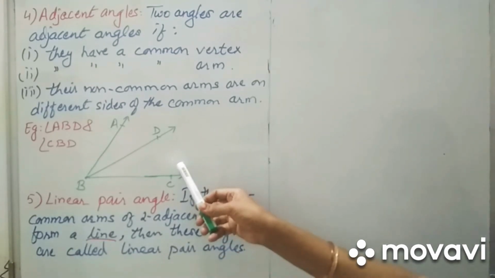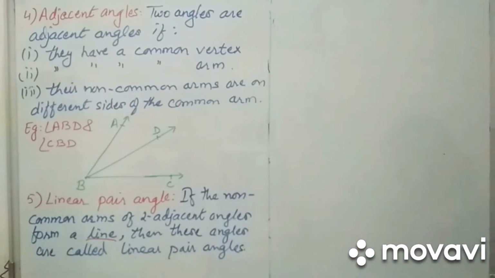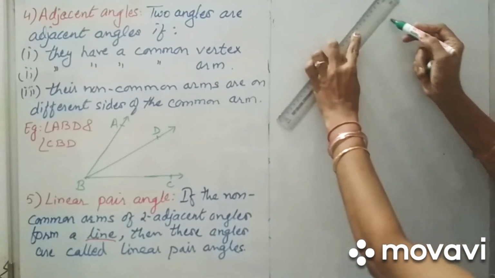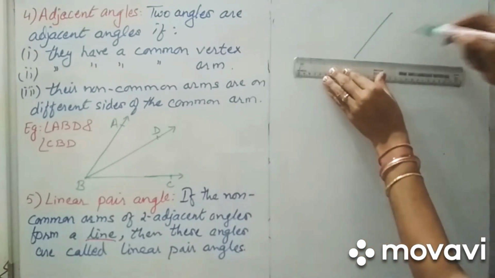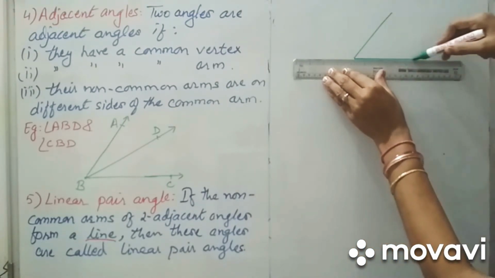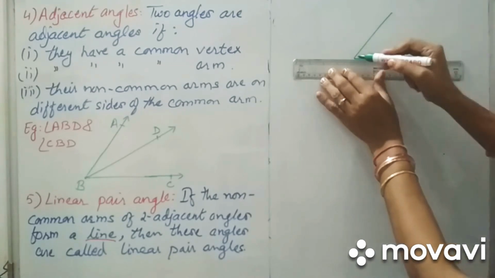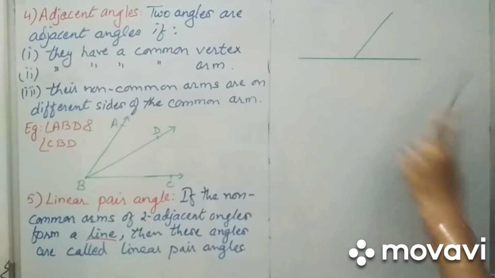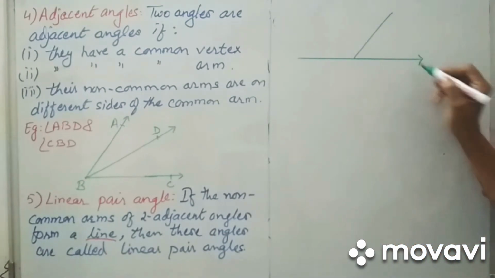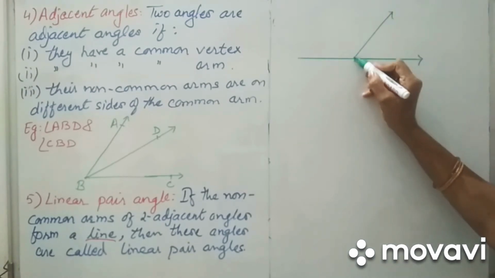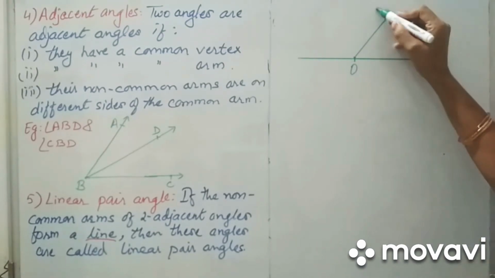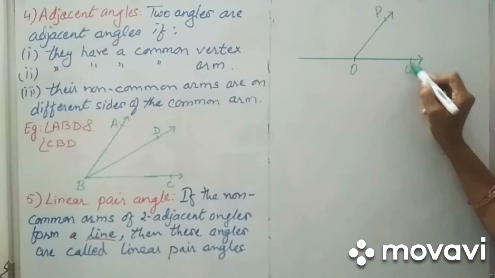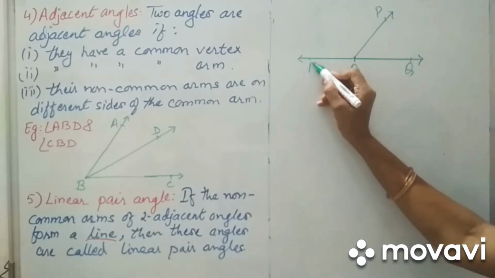This angle has two adjacent angles, but it is not called a linear pair. Why? Now see. First angle I framed here. Now another angle, produce it on the opposite side. So this is my common point O, this is P and Q, and here I write R.